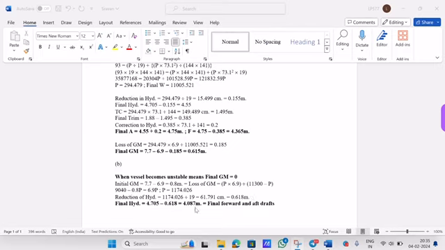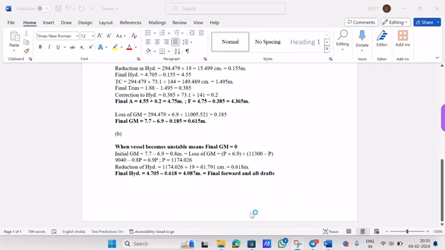The final hydrostatic draft will be equal to 4.705 minus 0.618. That's equal to the final forward and aft draft, because the P value which we got right now, 1174, is a virtual loss of displacement.